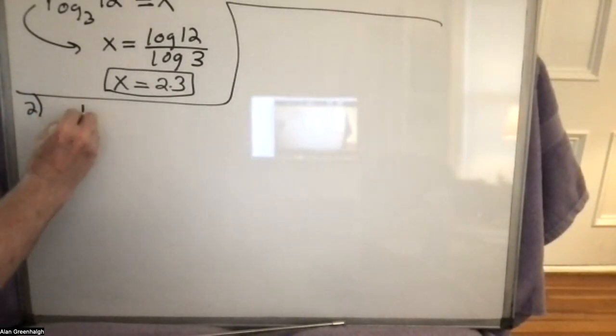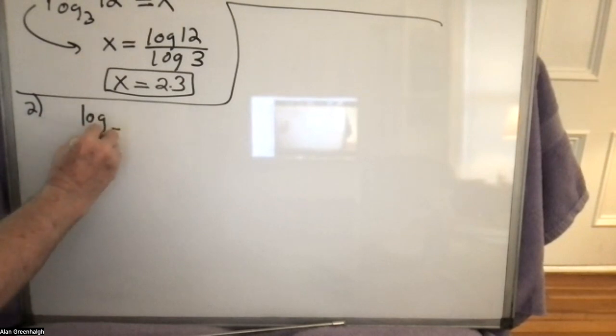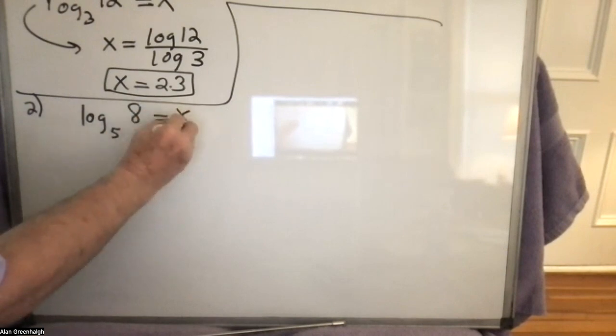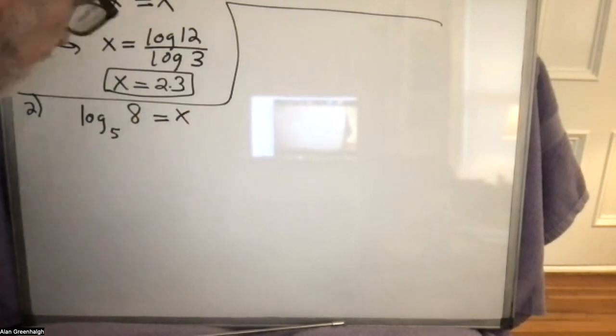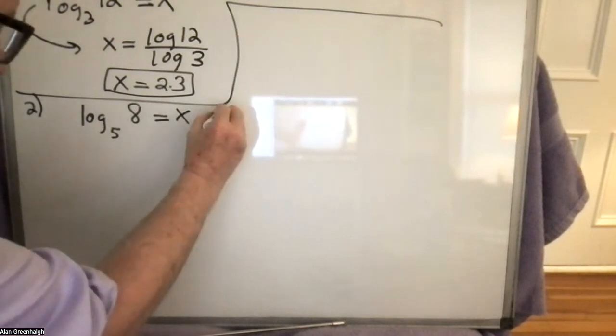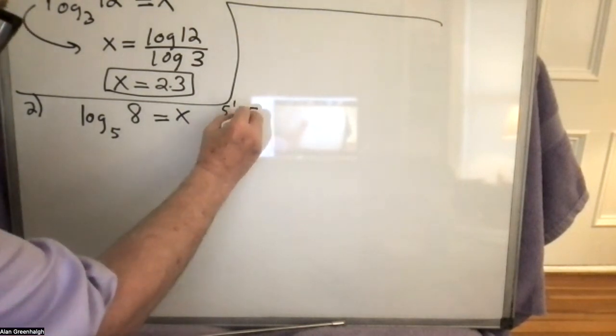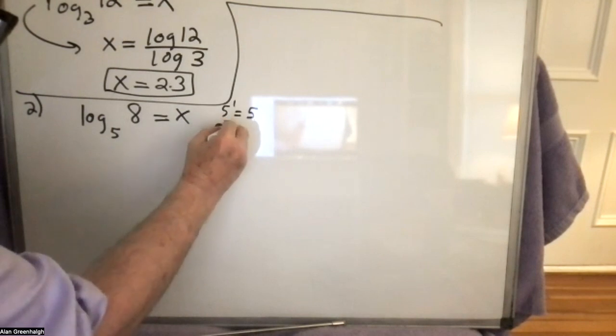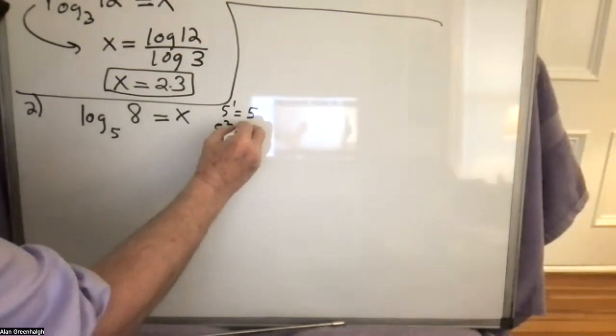So here's another problem. The log to the base 5 of 8 is equal to x. From here, first of all, it's good to get an idea as to what it should be. So 5 to the 1 is equal to 5. 5 to the second is equal to 25.